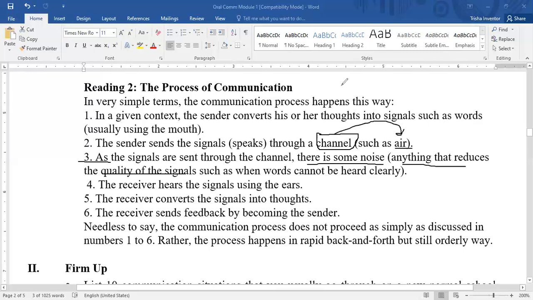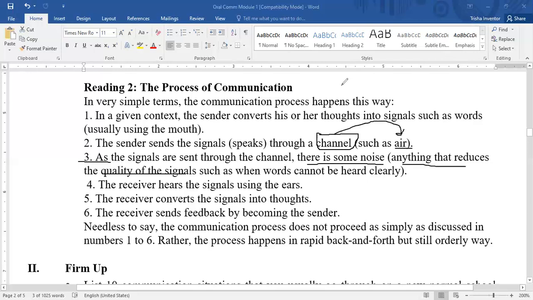Just imagine you and your friend are talking on the opposite sides of the road. You are on this side, and your friend is on the other side. Try to talk with each other, and there are lots of vehicles passing in between the two of you. Of course, you have to shout so that the person you are talking to can hear you.